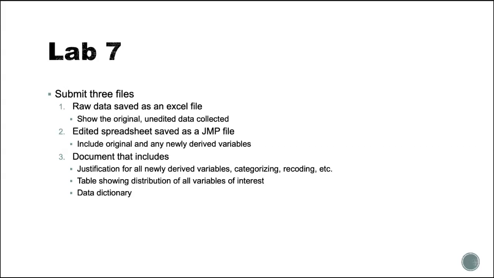And then the third document is going to be a Word document that justifies why you created any new variables or did any kind of recoding. It's also going to have a table that shows the distribution of all your variables of interest, which we'll go over. And then it's also going to include the data dictionary for your data.